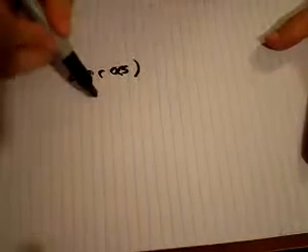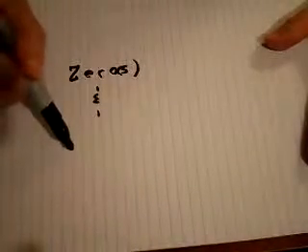The directions for these are to find the zeros and to state the multiplicity.